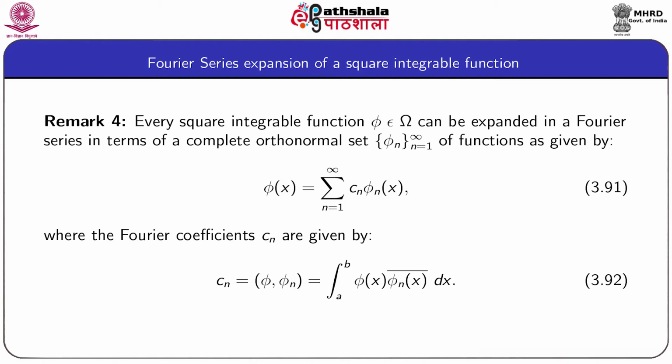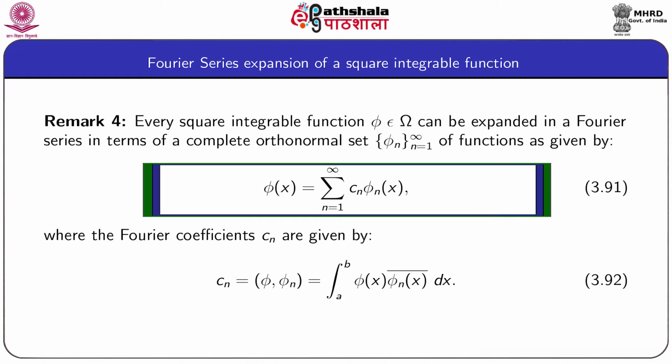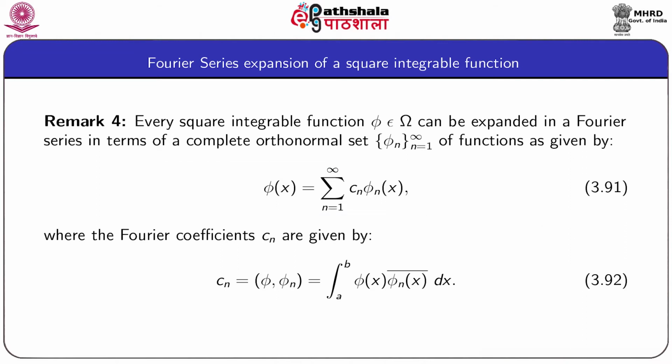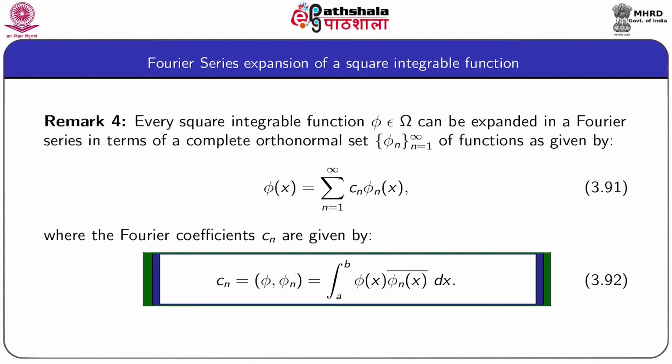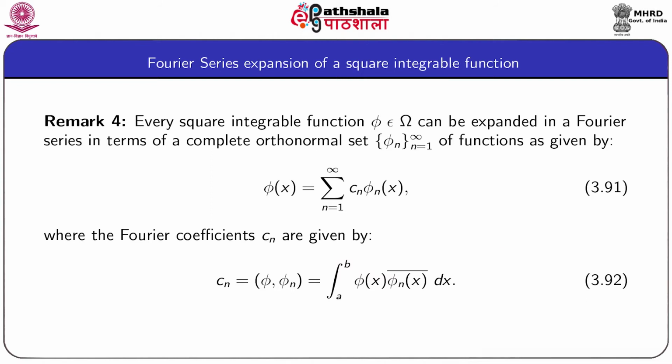Every square integrable function phi belonging to omega can be expanded in a Fourier series in terms of a complete orthonormal set phi_n(x) of functions, given by phi(x) equals summation n equal to 1 to infinity of C_n phi_n(x) as given in equation 3.91, where the Fourier coefficients C_n are given by C_n equal to the inner product of phi and phi_n, that is equal to integral a to b of phi(x) into phi_n bar(x) dx as given in equation 3.92.